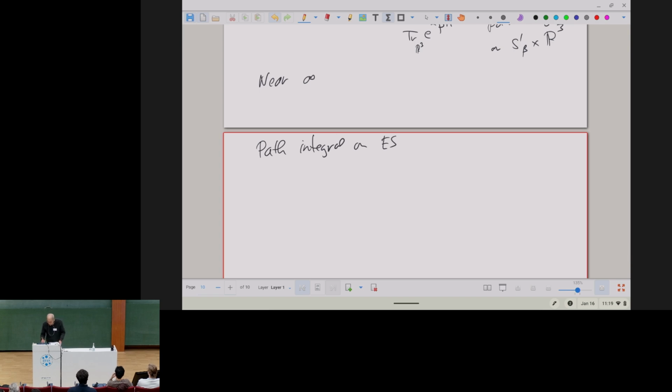So first of all, there's going to be a classical answer, which is the exponential of minus a classical action. I'll call it the Euclidean Schwarzschild classical action. Then there's going to be a one-loop effect, which, if there are only boson fields, will give 1 over the square root of a determinant. Then there will be higher order corrections.